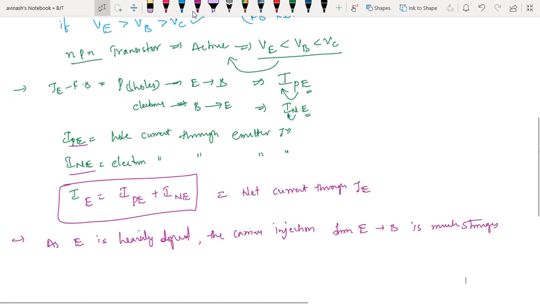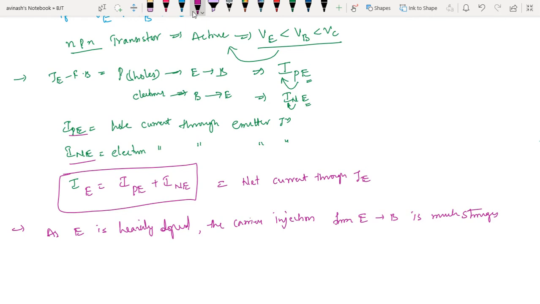That implies IPE is far greater than INE. That is, hole current through emitter junction is much stronger than the electron current through emitter junction. So we can neglect this INE. I hope that point is clear to everyone. So the net current IE is approximated to only the dominant current, that is hole current through emitter junction.